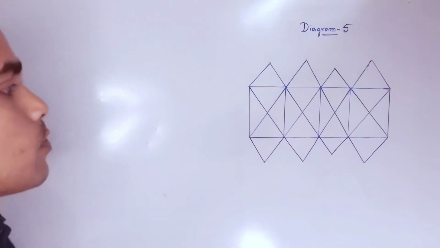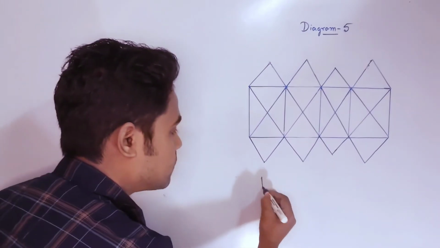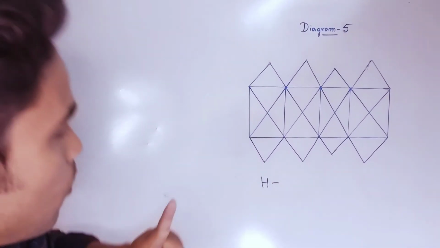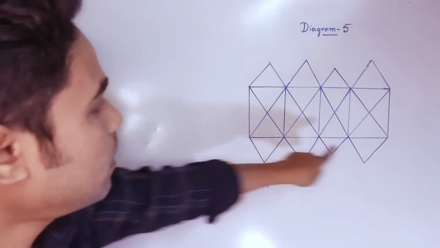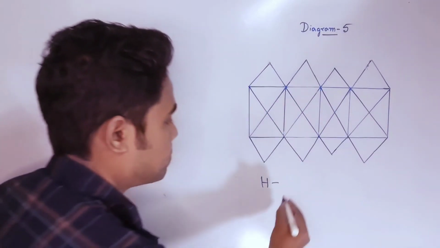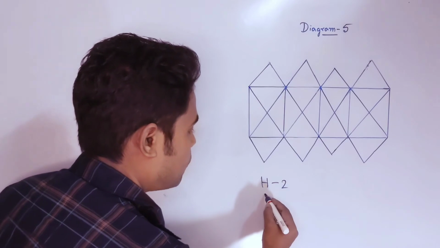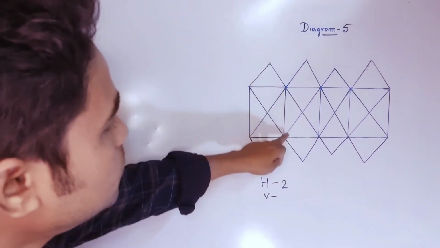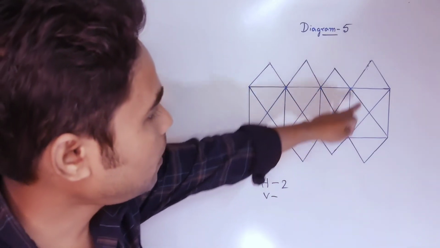Diagram 5. So first count horizontal lines. How many horizontal lines are there? 2 horizontal lines, 1 and 2. Now vertical lines, 1, 2, 3, 4 and 5.